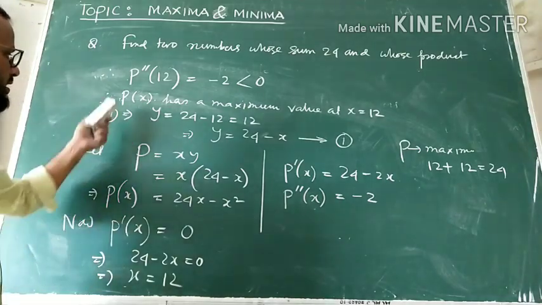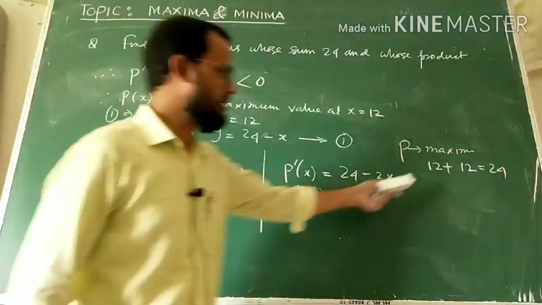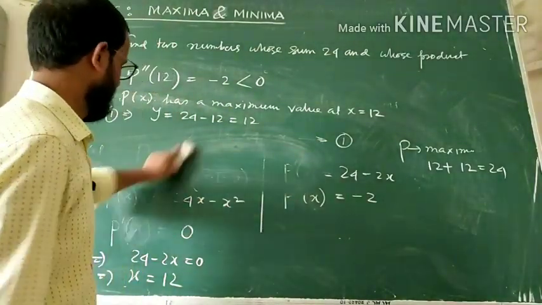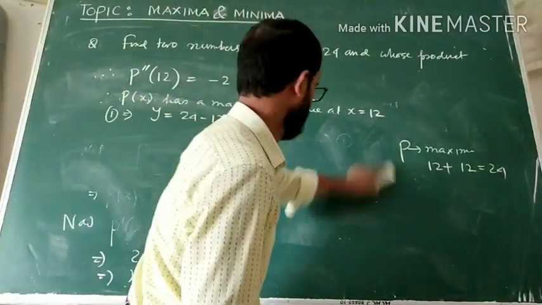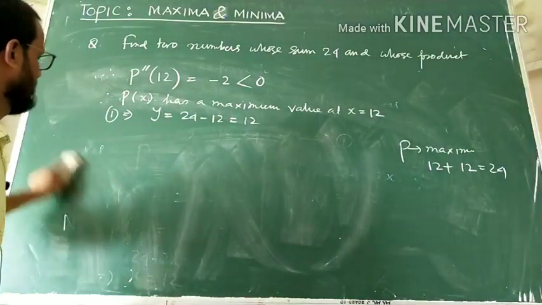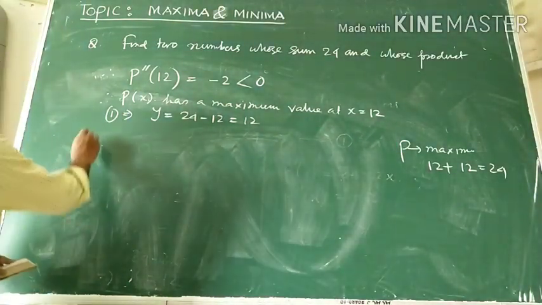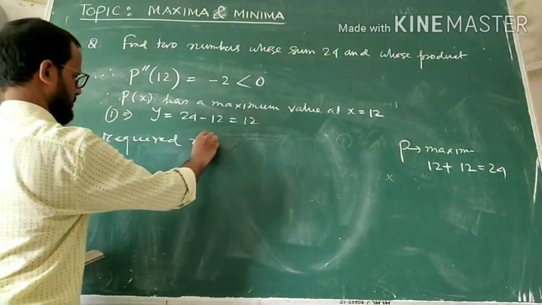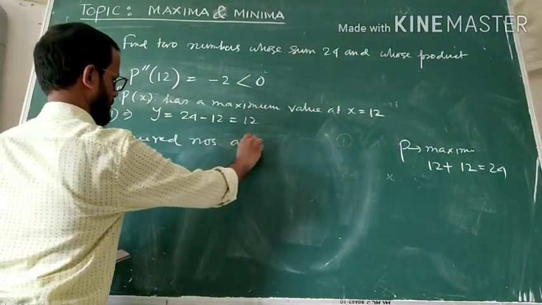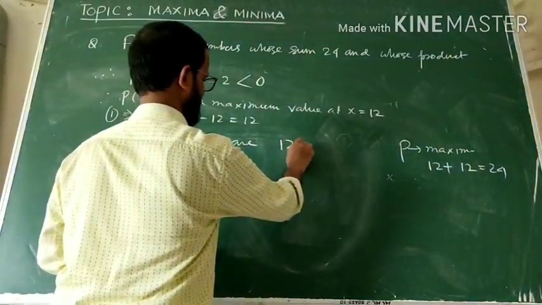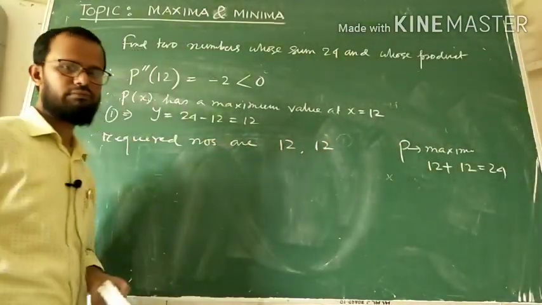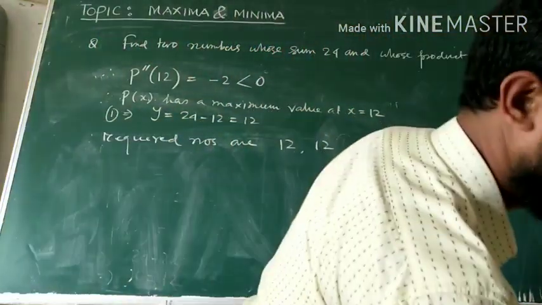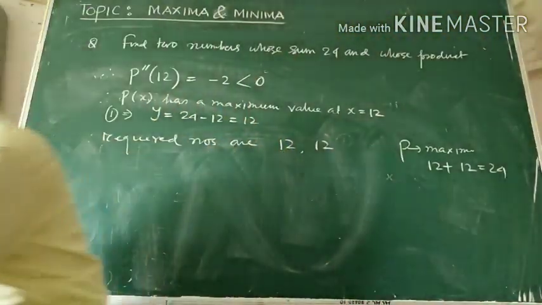Then finally you conclude that the required numbers are 12, 12. Okay, so this is the way you have to solve this type of practical questions.